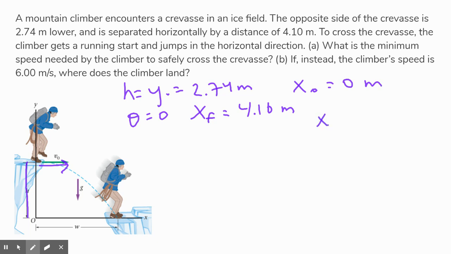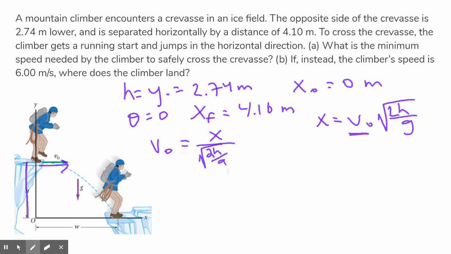We saw on the previous slide that x is equal to the initial velocity times the square root of 2h divided by g. We can rearrange this to solve for velocity. When we do that, you will find that velocity is equal to x divided by the square root of 2h over g.